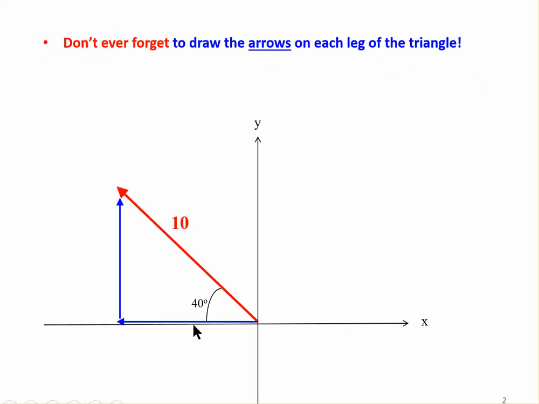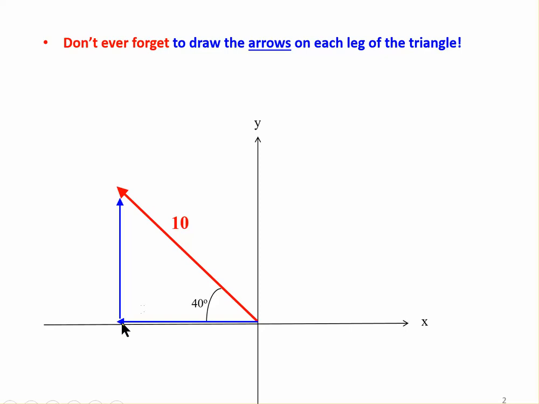Okay. When you draw your triangle, be sure to never, ever, ever forget to draw arrows on each leg of the triangle. This is important for two reasons. Conceptually, these are vectors. What we're saying is this vector plus this vector adds up to the red vector.